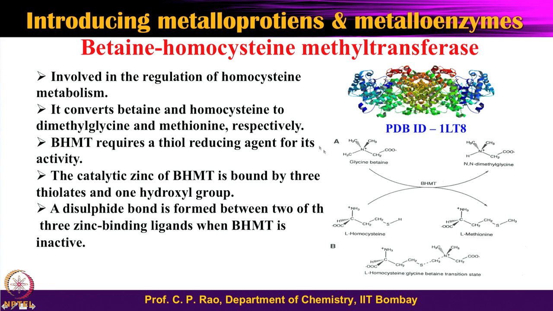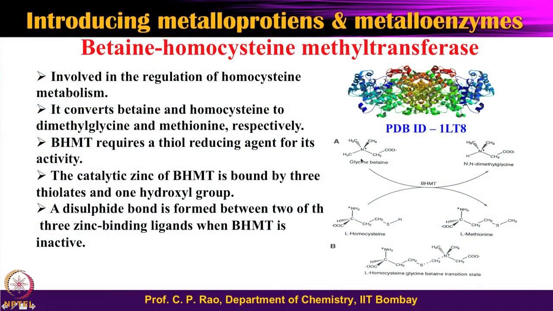It is involved in the regulation of homocysteine metabolism. It converts betaine and homocysteine to dimethyl glycine and methionine respectively. So glycine betaine will go to N-dimethyl glycine, and on the other hand homocysteine will go to methionine, okay? And that is what we are talking about.